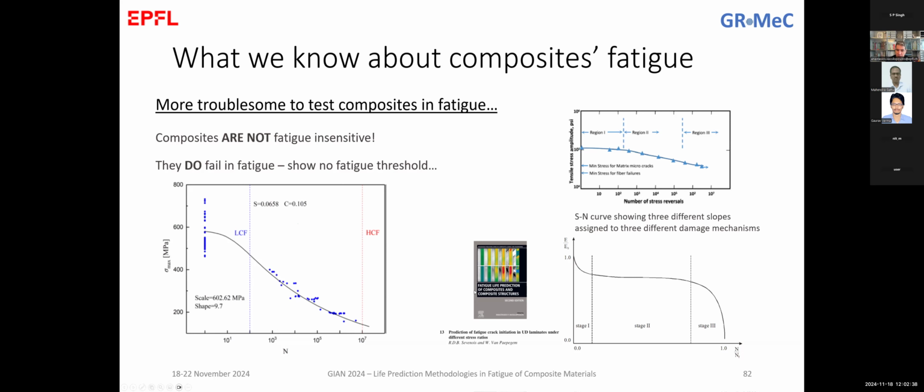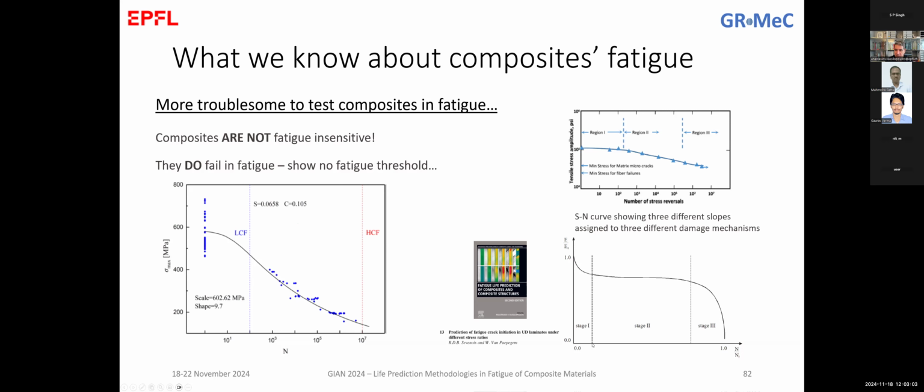And we know also that composites fail with stiffness degradation during the lifetime, following specific trends, like more or less the trend that is followed by all composite materials, similar to what we saw in this schematic diagram. There is a significant drop in the beginning.